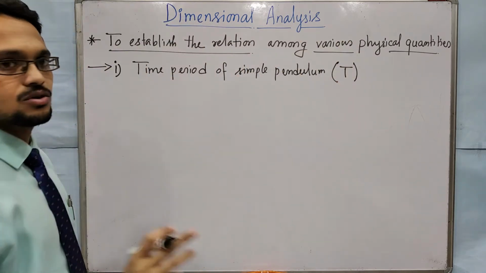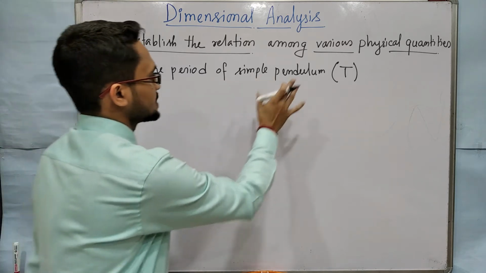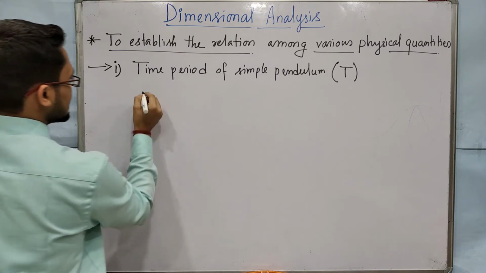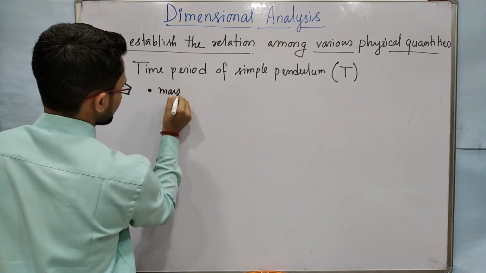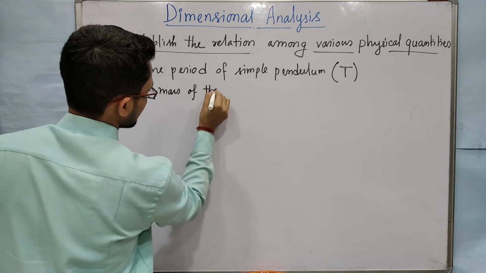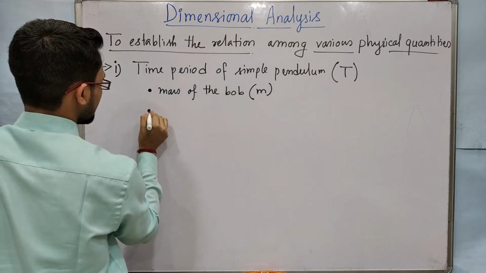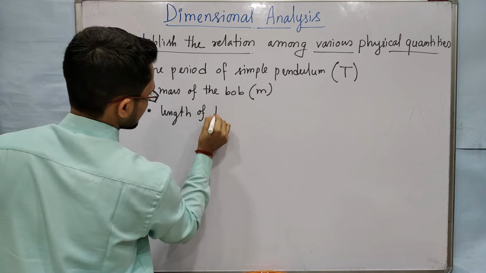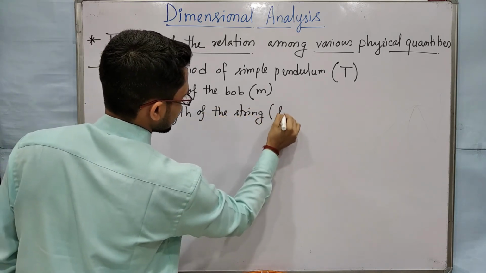In the question it is given that the time period of a simple pendulum depends on these quantities. Suppose the quantities are: first one, mass of the bob, that is small m. Second one, length of the string or effective length, that is small l.